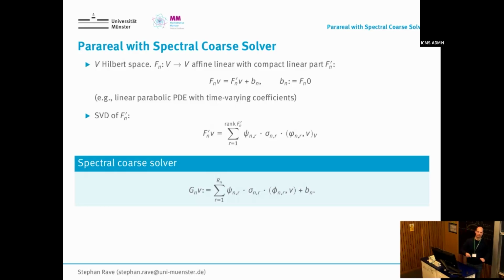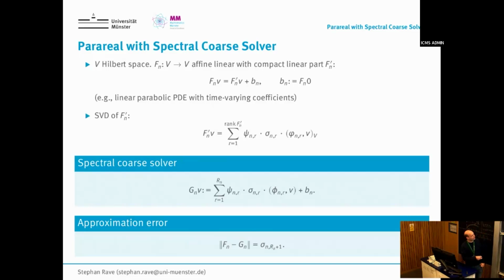As Martin already said, in each Parareal update, the affine part cancels out anyway, but for the initialization, it matters. And as we will see in a second, it's basically for free to also include that in our algorithm. And if we do it like that, we already have a bound on the error of how good our coarse propagator is. Yeah, it's just the first neglected singular value of the fine solver.